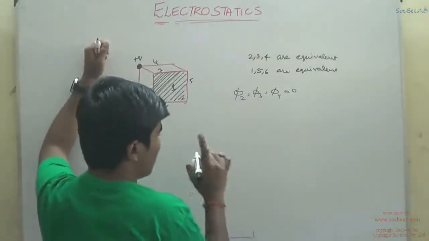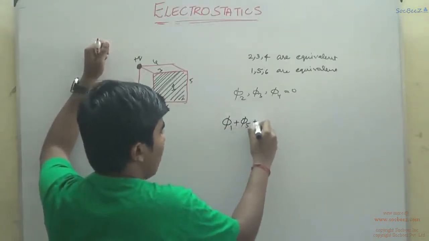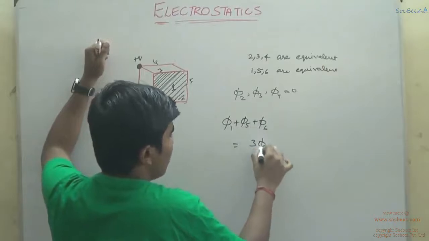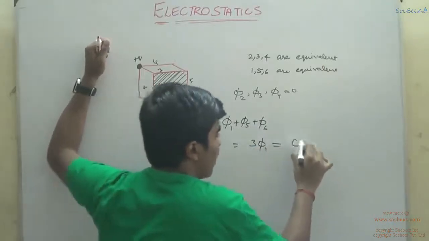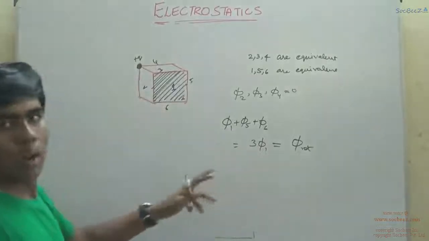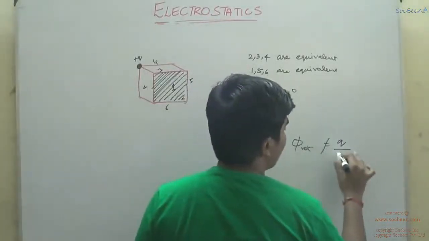Thus one may arrive at a misconception that the remaining phi 1, phi 5, phi 6, which is 3 times phi 1, will be equal to phi net. Obviously this is true, but in this case phi net is not equal to Q by epsilon naught.